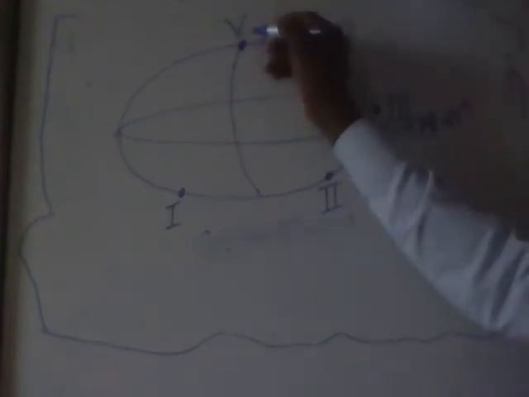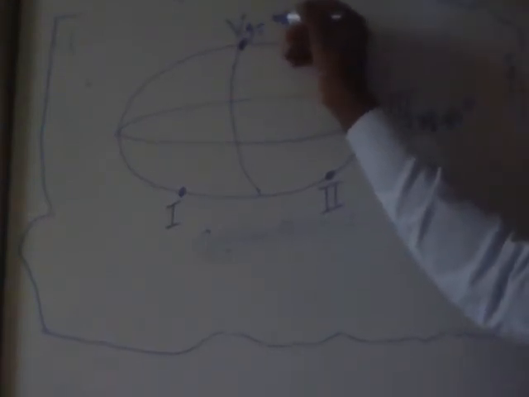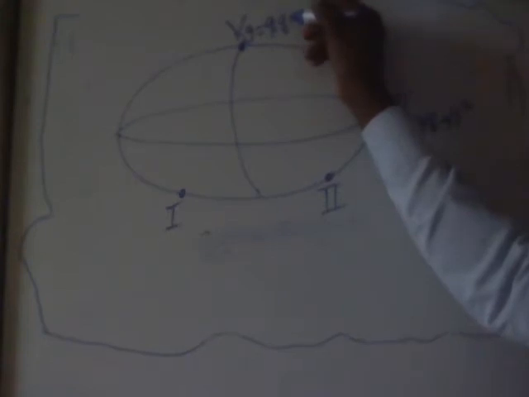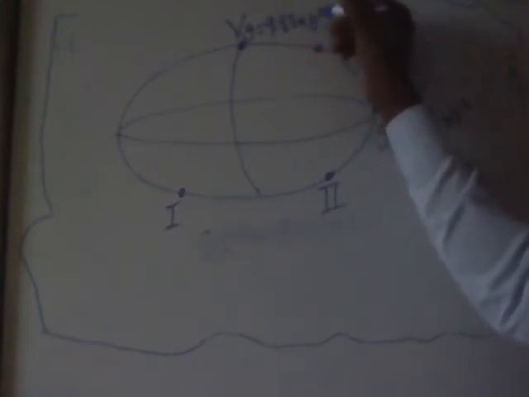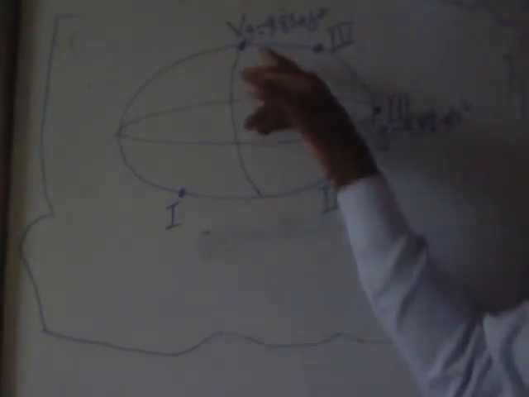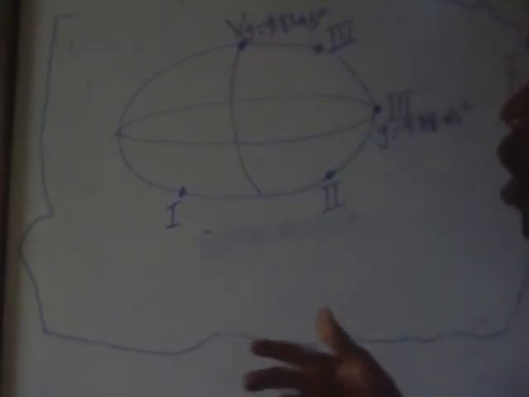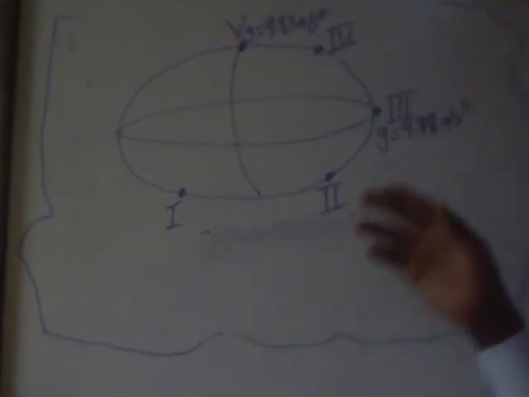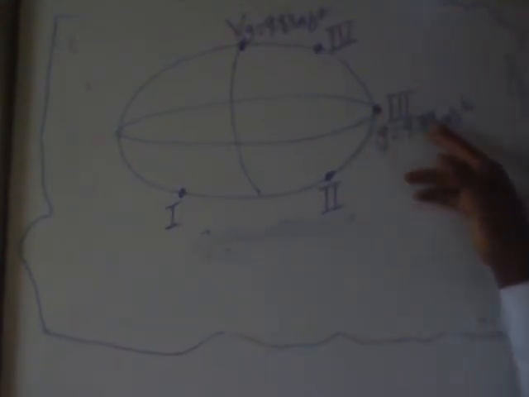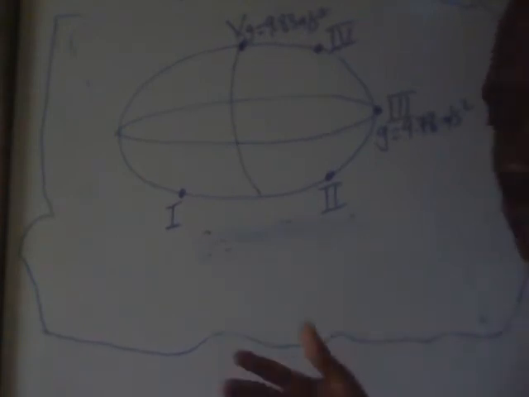At the pole, our G is approximately 9.83 meters per second square. At the equator it is 9.78 meters per second square. So look at it now.